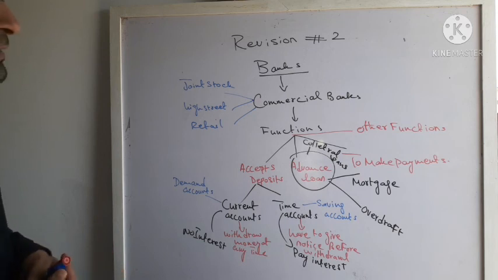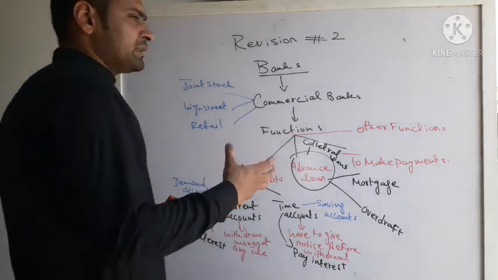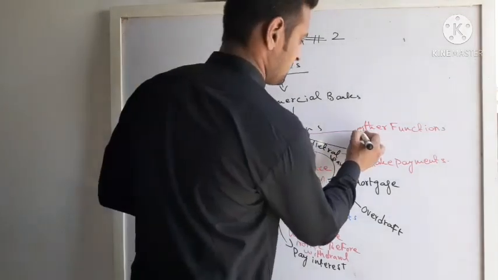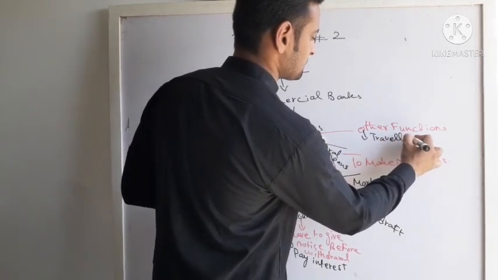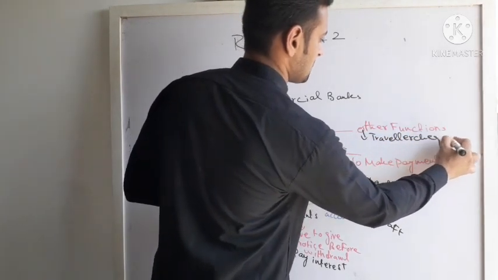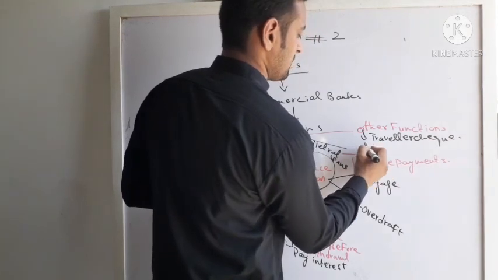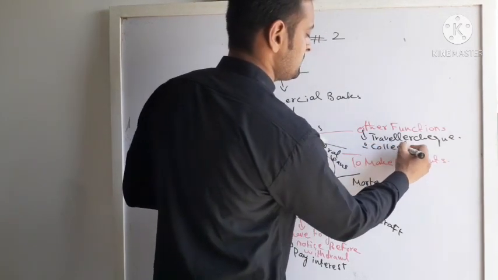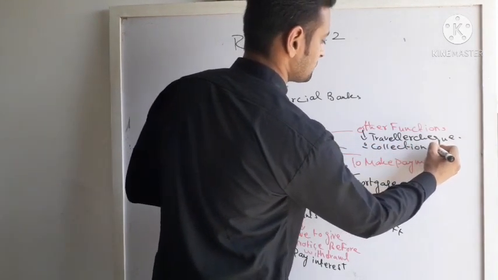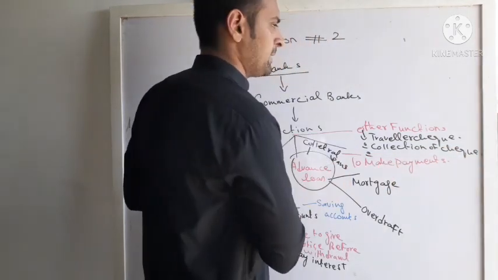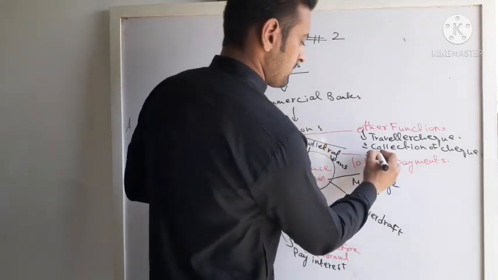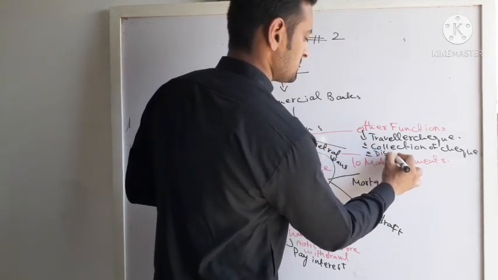So the bank is making a payment on my behalf. Among the other functions, the bank can issue traveler's checks. The bank does collection for me. The bank can discount my bills.